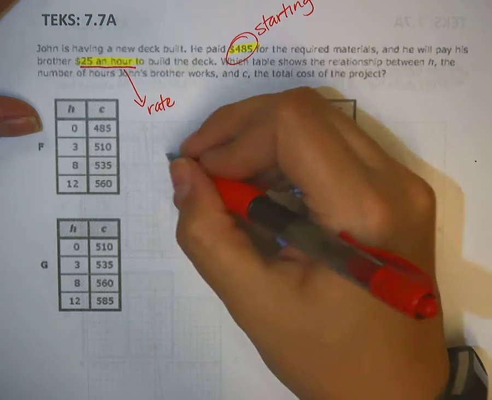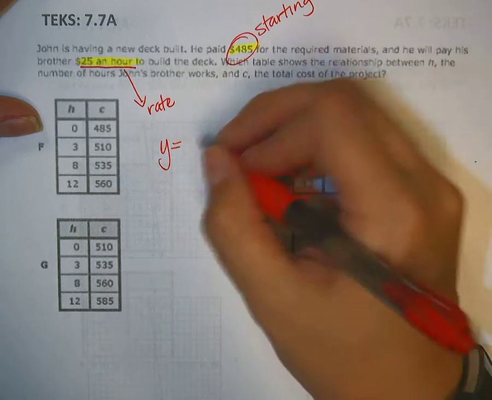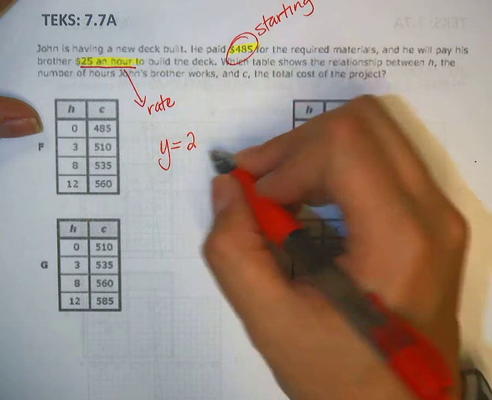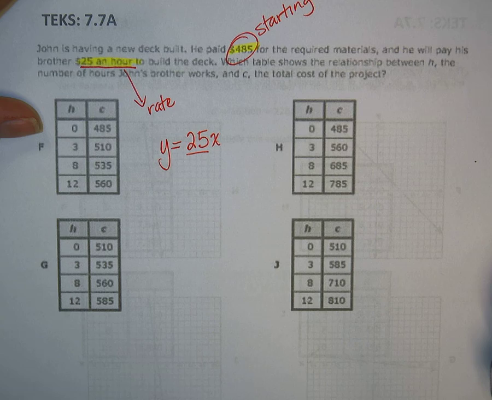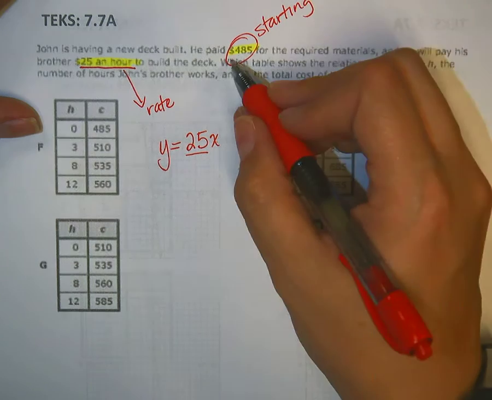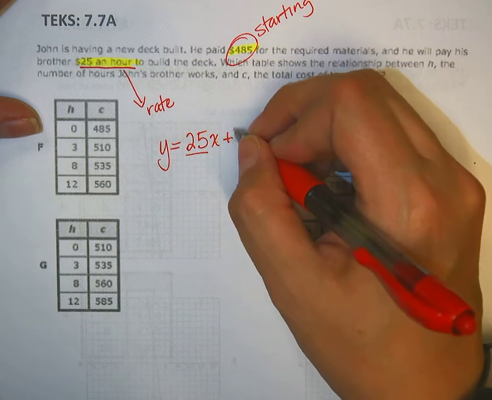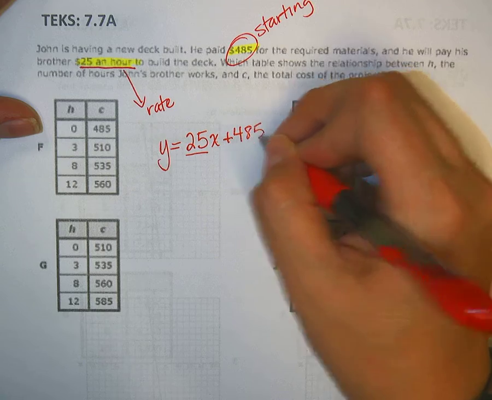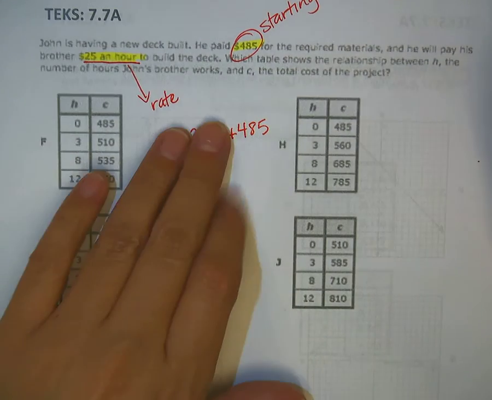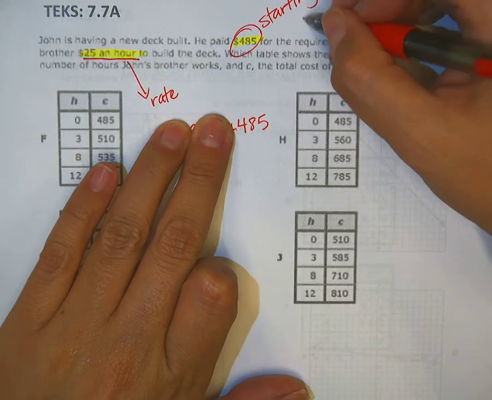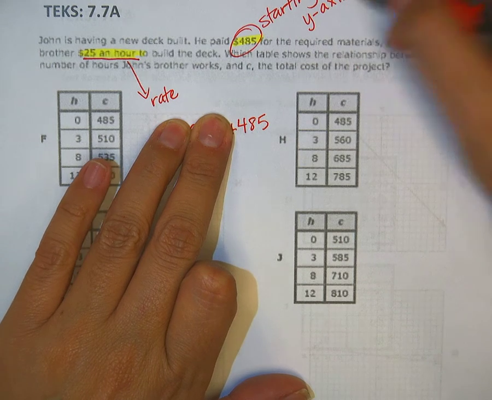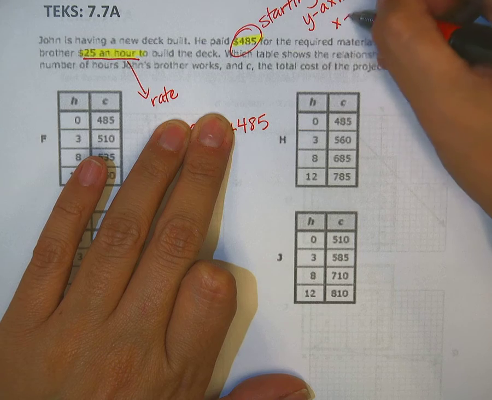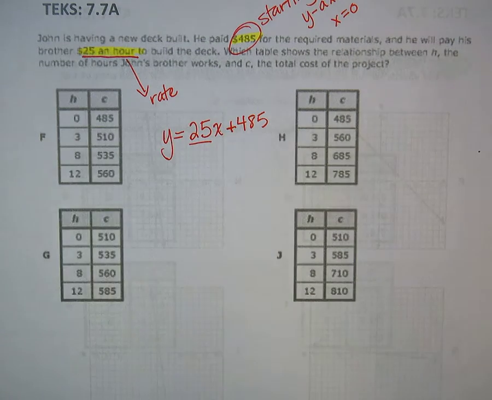Okay, so y equals, I know, again, 25 an hour means that that is what my x is attached to. And then again, my starting point is the 485. Now, starting point meaning, again, where my line touches my y-axis, or when my x is equal to 0.